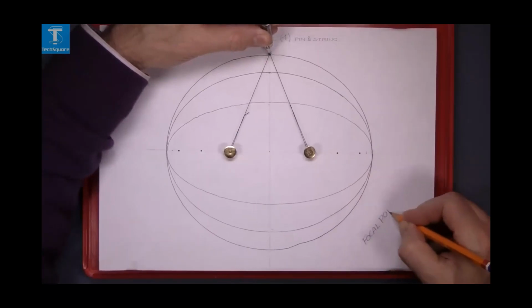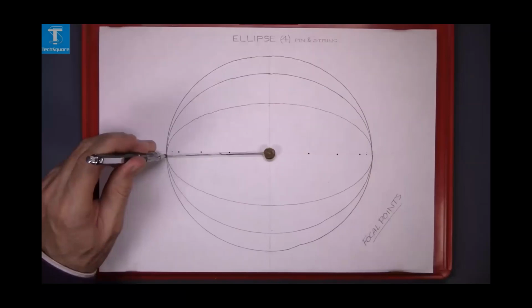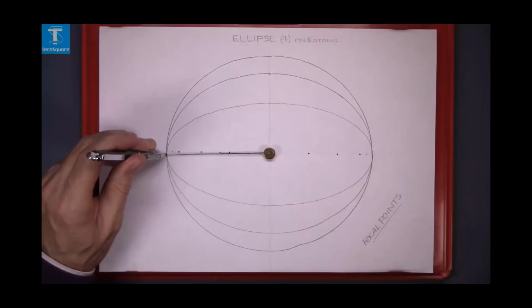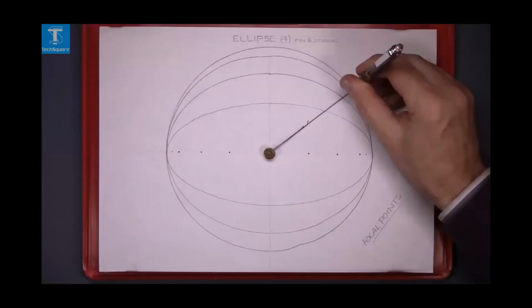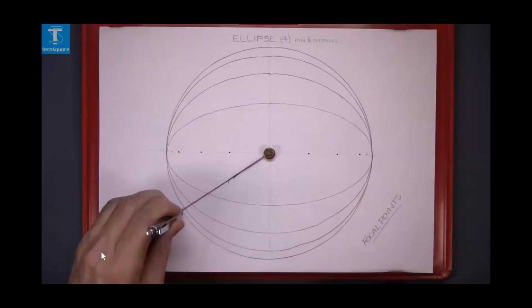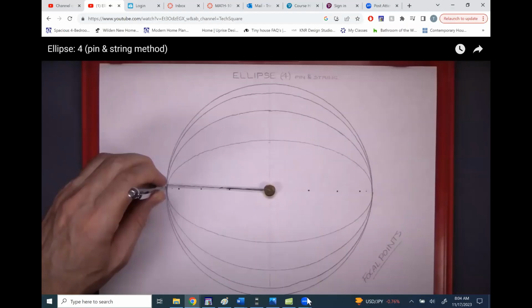That's the focal points of the ellipse. There's two focal points on each ellipse. Now I've just used one pin, so I should get a circle now. So the string is attached just to one pin in the center and just draw the curve around. And that's a circle. And that's ellipse.